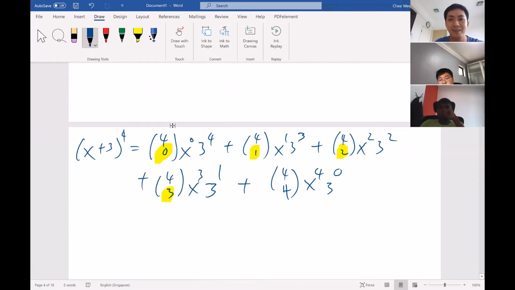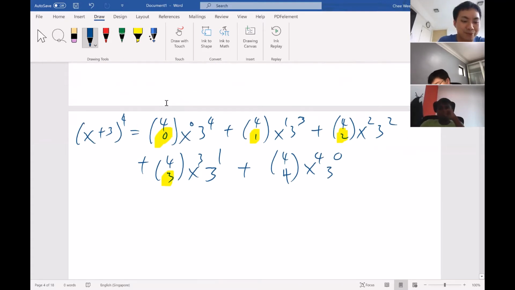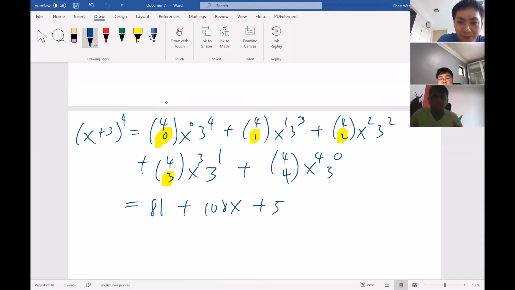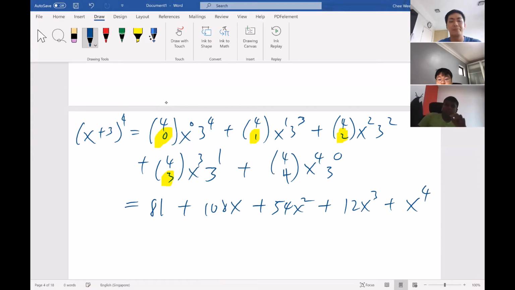Can see? Yeah. Okay, so if I were to simplify this, this will just give me 3 to the power of 4 is 81, plus 27 times 4, 108x, plus 4 choose 2 times 9, 54x squared, plus 4 times 3, 12x cubed, plus x to the power of 4, okay?